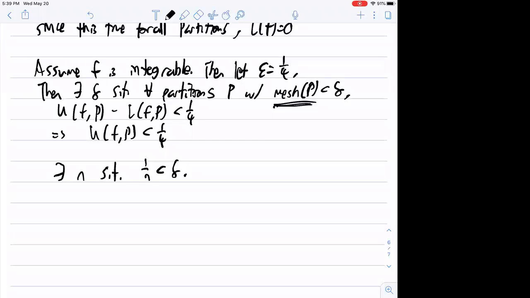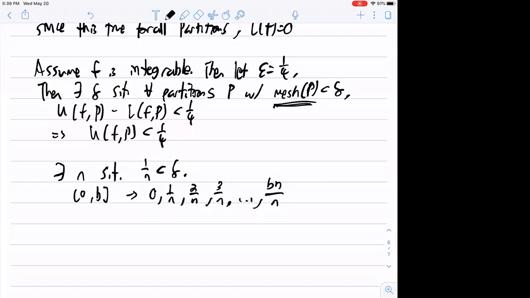So I'm just going to make my intervals 1 over n. I'm going to divide up my interval from 0 to b to be 0, 1 over n, 2 over n, 3 over n, all the way to bn over n. Everything has length 1 over n, except that last term.